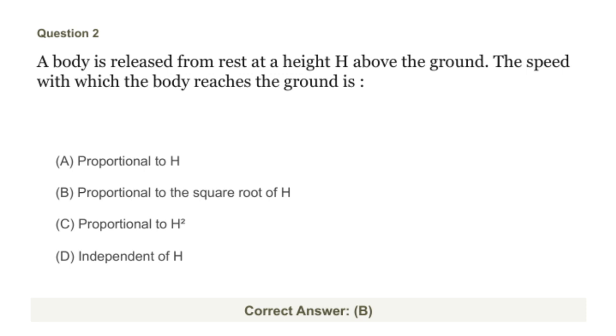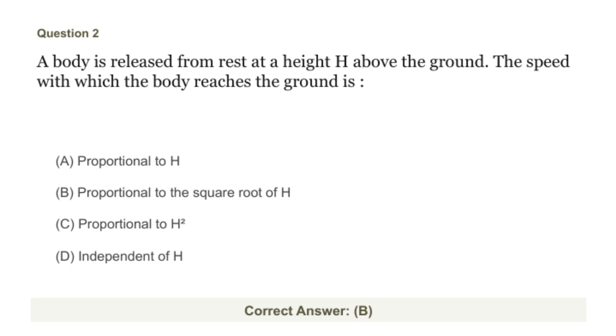This makes sense because, according to the equations of motion, the final velocity v is equal to the square root of 2gh, where g is the acceleration due to gravity and h is the height. So, what does this mean in practical terms? It tells us that if you double the height, the speed doesn't just double, it actually increases by the square root of 2.